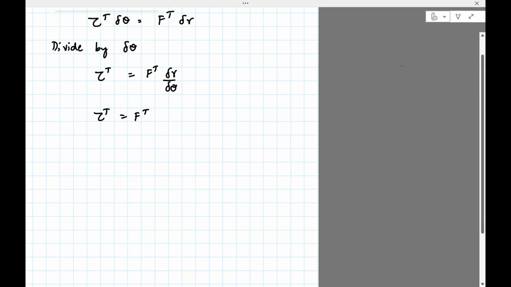But what you notice is that the partial derivative, I know it's a delta, but it's really the partial derivative of r with respect to theta, is nothing but the Jacobian.